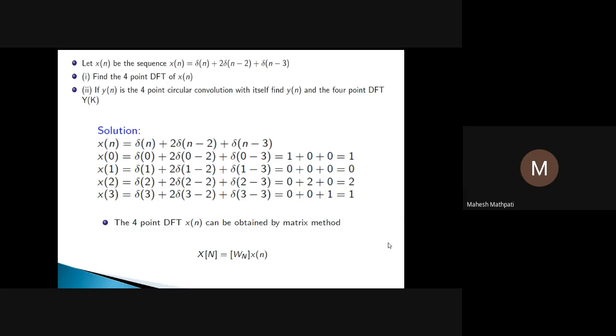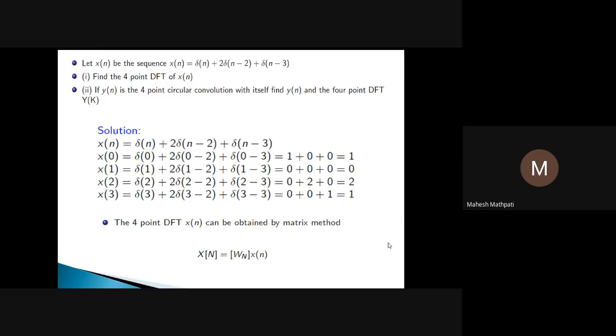Are you getting my point? Here we have calculated the DFT, right? So what is y of k? Y of k equals X of k into X of k.